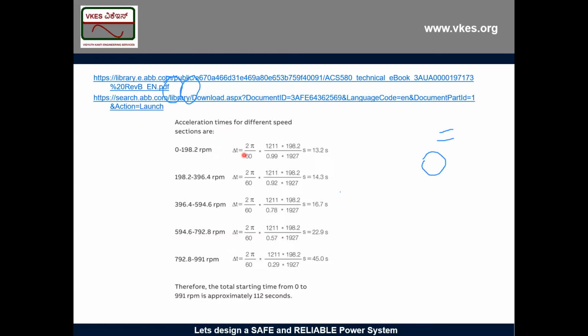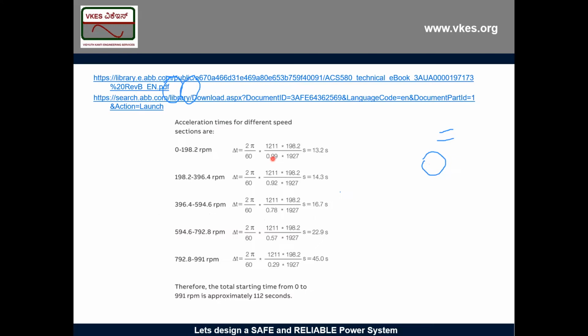This is assumed by our ABB guideline. Why they have made the assumption, I will tell you. Initially, I will put back a question to you. When the motor is running, what is the accelerating torque, Mr. Pinaki? Zero.